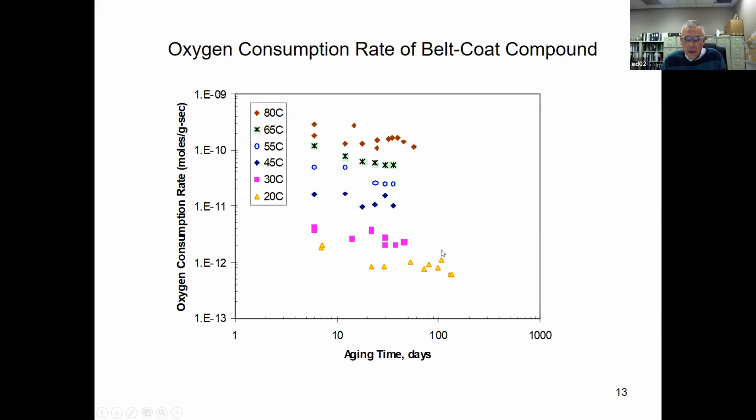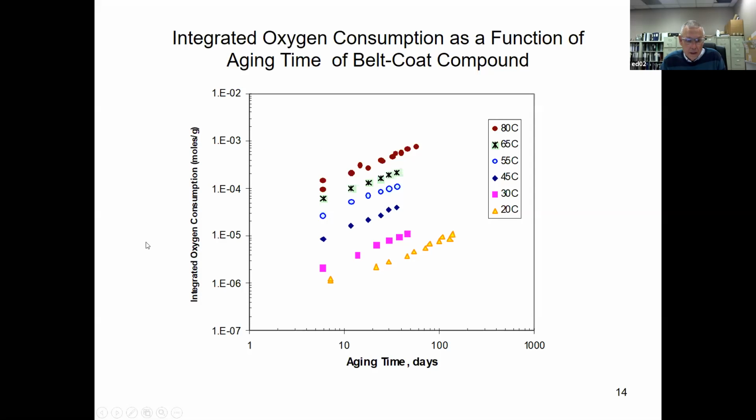Okay. So now we know the oxygen consumption rate and the amount of time. If we know rate and time, we can calculate the integrated oxygen consumption. So here's the integrated oxygen consumption as a function of aging time. Here's the 20 degrees C data, 30 degrees C, 45 degrees, 55 degrees, 65 degrees, and 80 degrees.